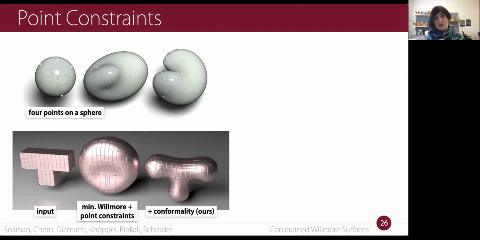If we don't add conformality, no matter where we move these points, we will always get back a round sphere as a minimizer, because four points always lie on a sphere. But if we add the conformality, then by moving just one point, there is no conformal transformation that will take us from the old positions to the new positions. So we get something more interesting, and that makes the shape deviate from the round sphere.